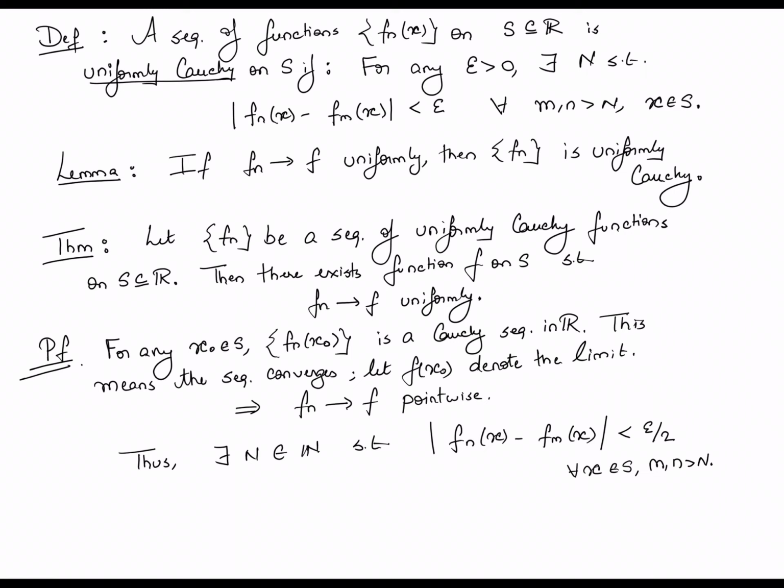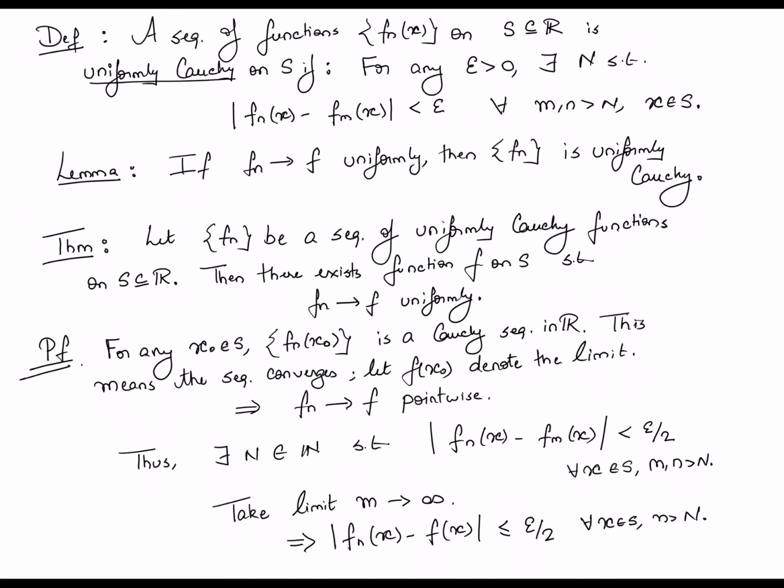Now, in the inequality above, take the limit as m goes off to infinity. Right? As m goes to infinity, we know that fm of x will in fact converge to f of x. So therefore, you should be able to conclude that fn of x minus f of x is less than or equal to epsilon by 2, once again, for all x in S and n greater than capital N. Right?